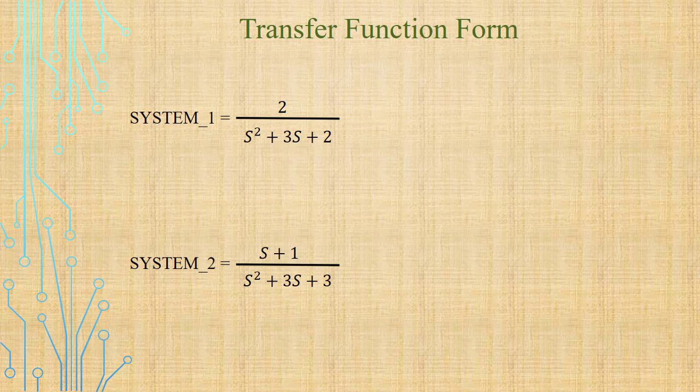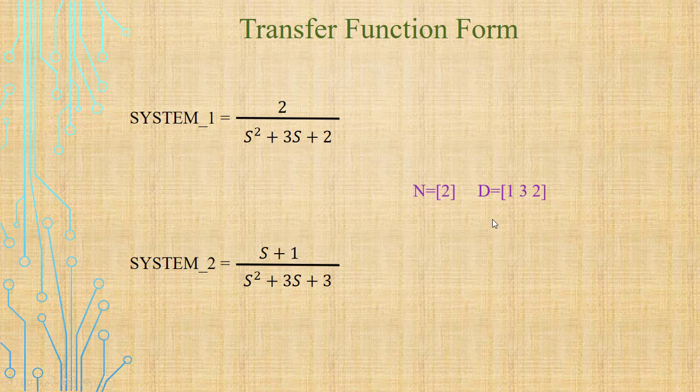For system 1, we have in the numerator 2s^0, and for the denominator we have 1s^2 + 3s + 2s^0, so 1, 3, 2.